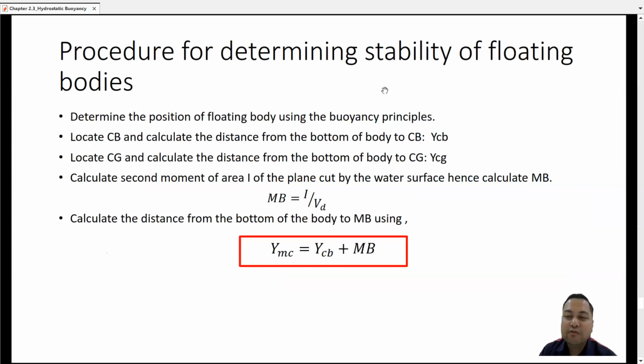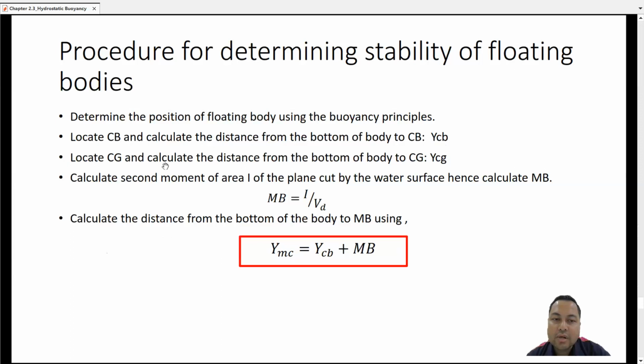Procedures for determining stability of floating bodies. So first of all, we need to determine the position of the floating body using the buoyancy principles. Locate the center of buoyancy and calculate the distance from the bottom of the body to the center of buoyancy, which is known as YCB.